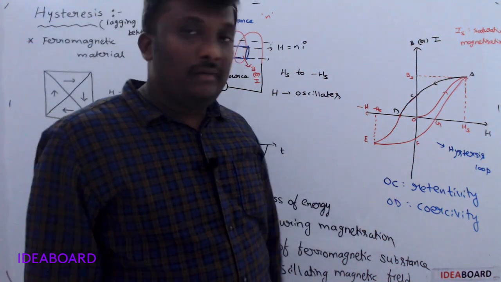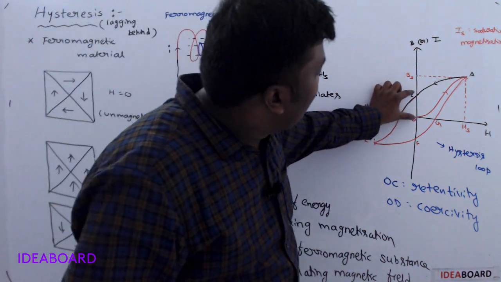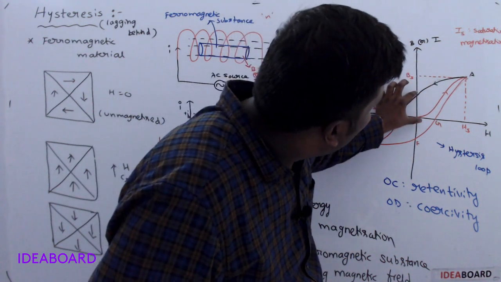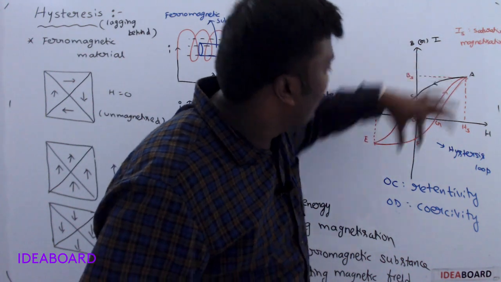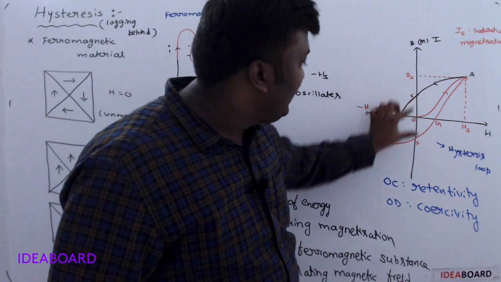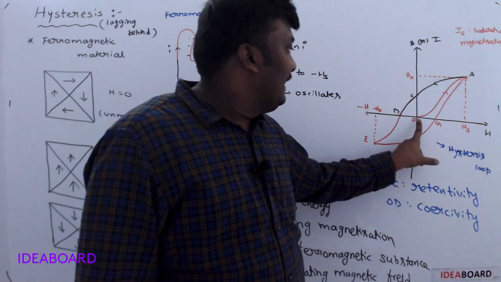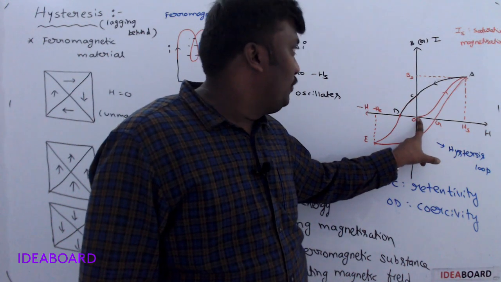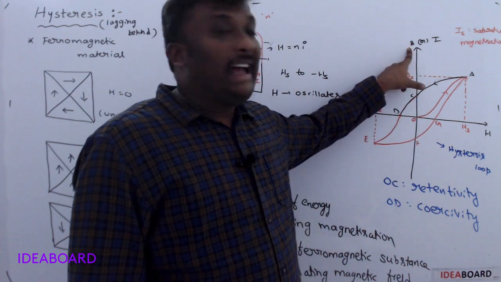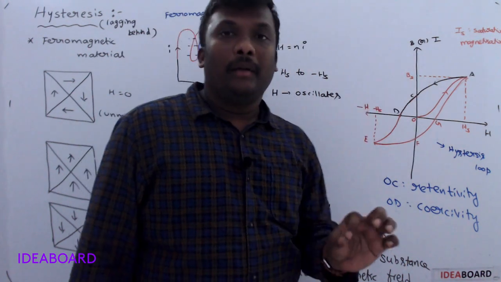In the graph, the important thing was the magnitude of OC and OD. Here OC is named retentivity. The meaning is, if H is 0, it still has some I value.